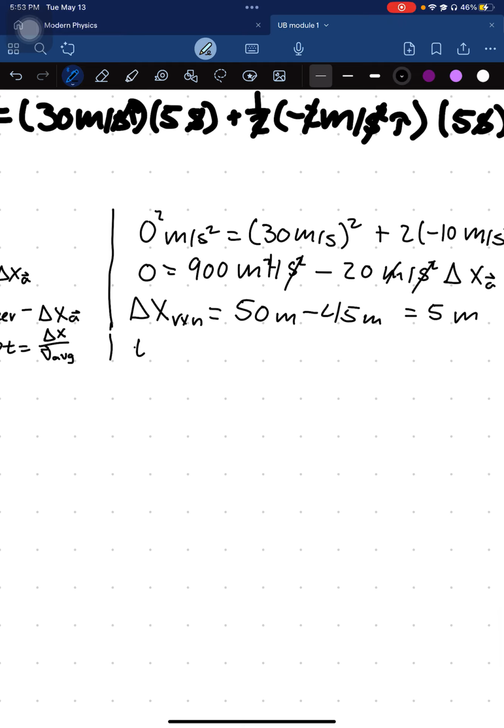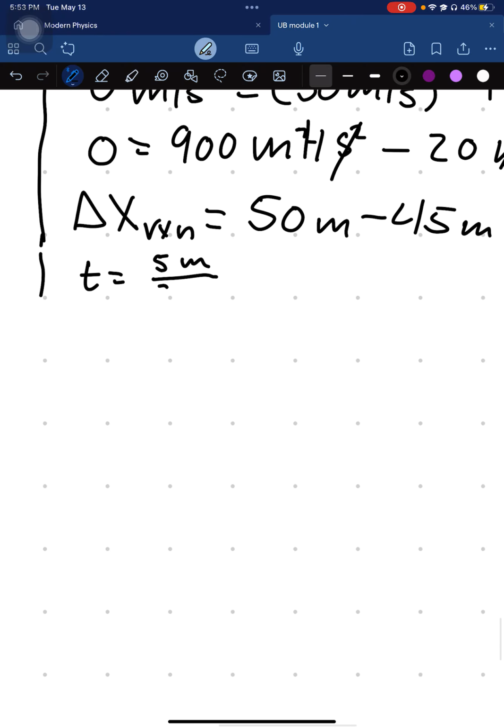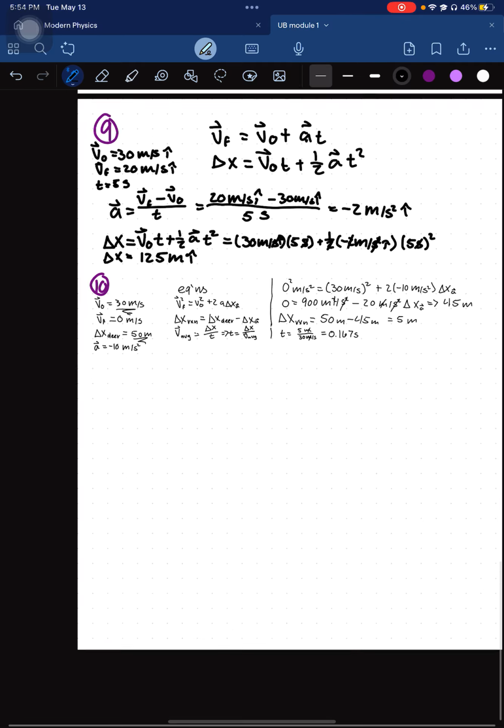So t is equal to 5 meters over, what was our 30 meters per second. Boom, boom. This per second is going to flip up. This is equal to 0.167 seconds. That's your reaction time.